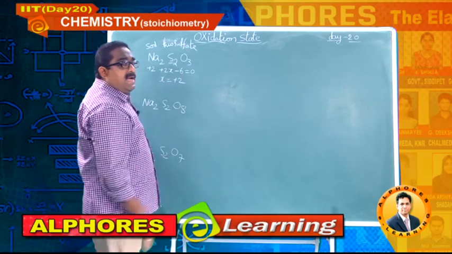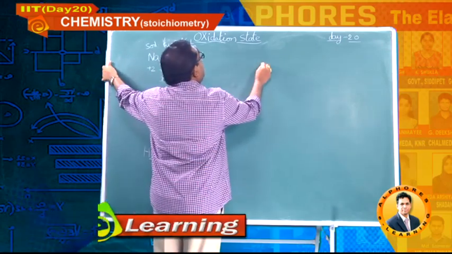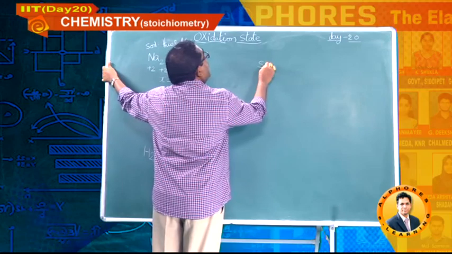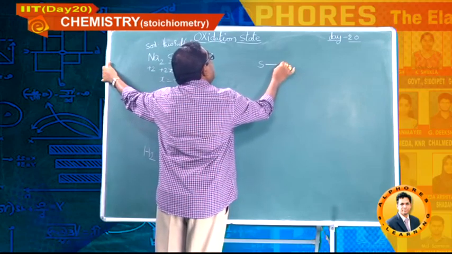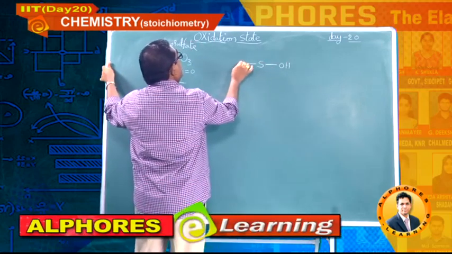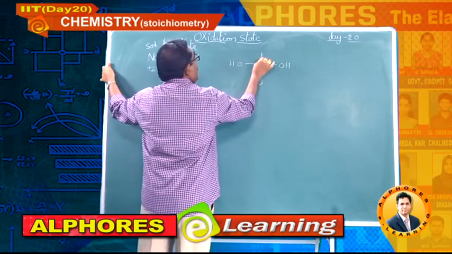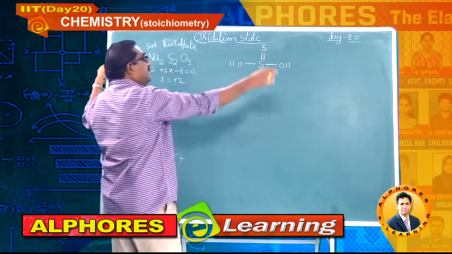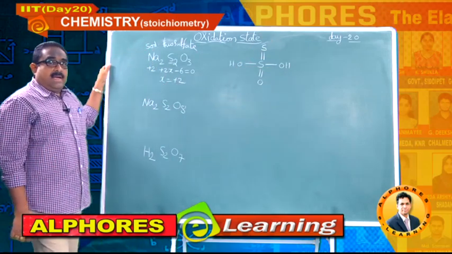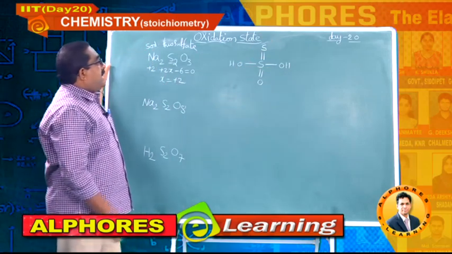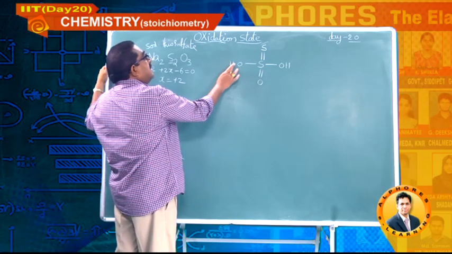Let me explain the individual oxidation states. We need the structural and bonding aspects. I am writing here, please concentrate. ONa, double bond O, and double bond sulfur. That is the bonding in sodium thiosulfate.